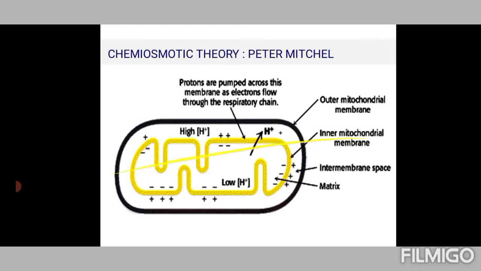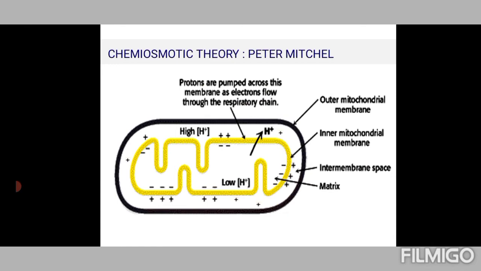It was in 1961 that Peter Mitchell, a Nobel laureate, proposed that electron transport and ATP synthesis are coupled by a proton gradient across the mitochondrial membrane.